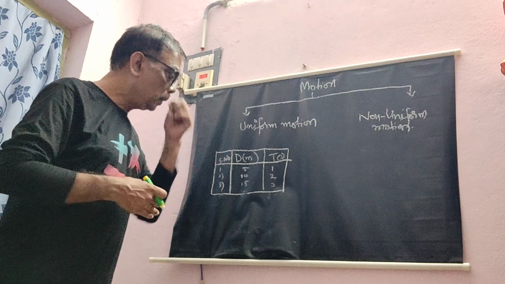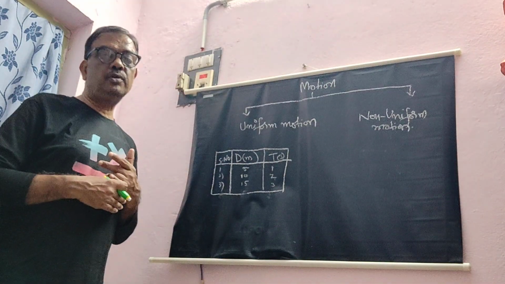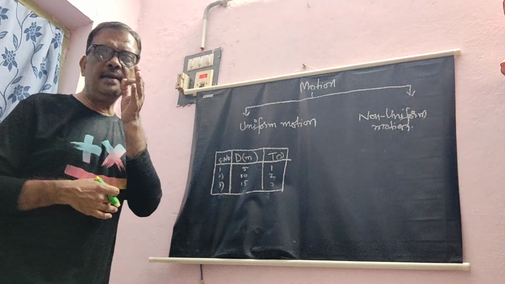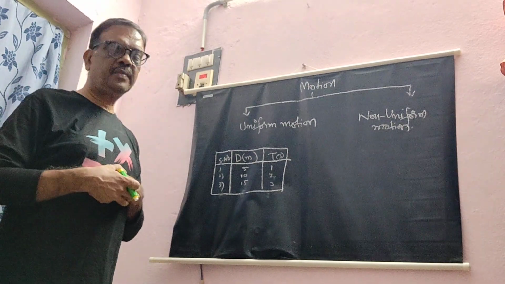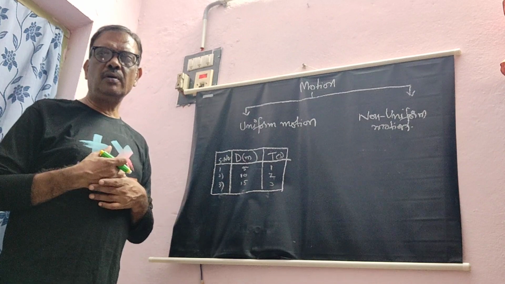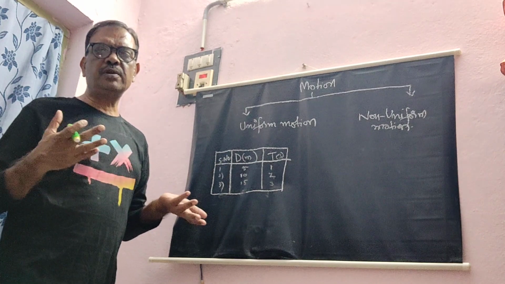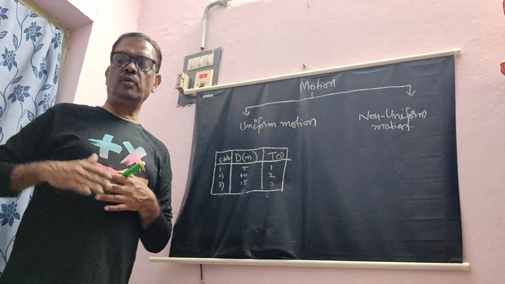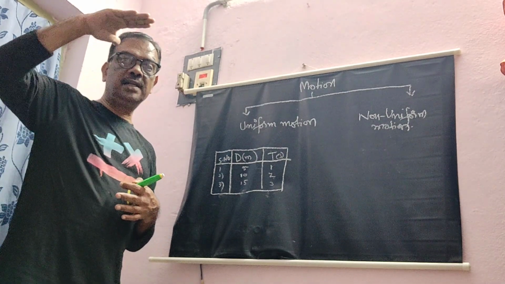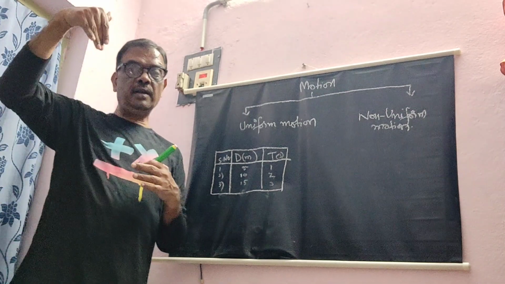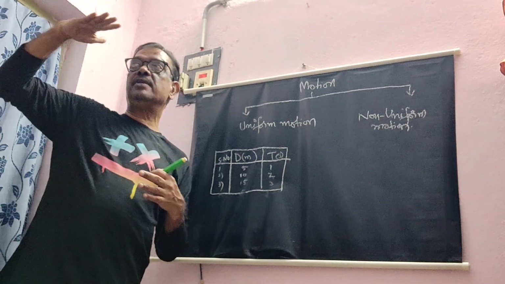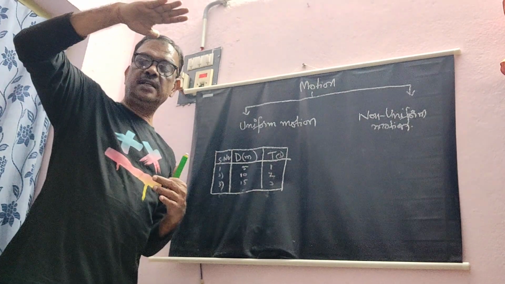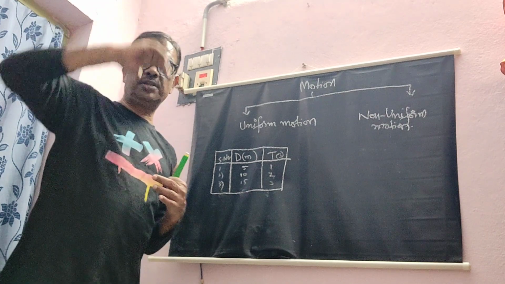Okay, children. Now you know very well what is uniform motion. An object is said to be moving in uniform motion if it covers equal distance in equal intervals of time. What are the examples of uniform motion? An aeroplane moving in the sky at a speed of 800 kilometers per hour, not taking off or landing, maintaining a constant speed.